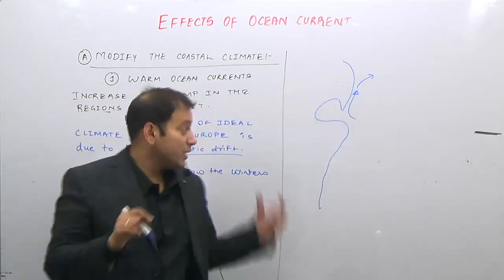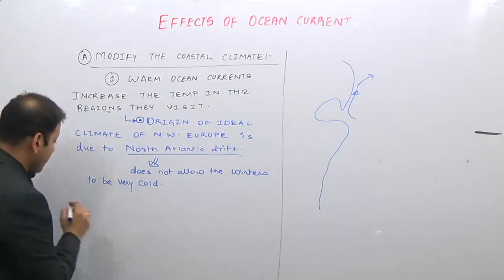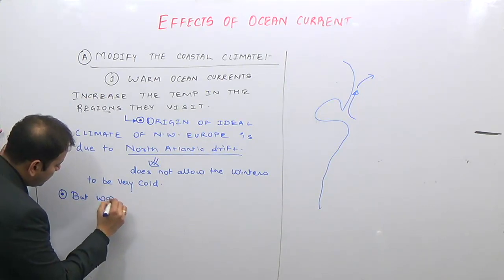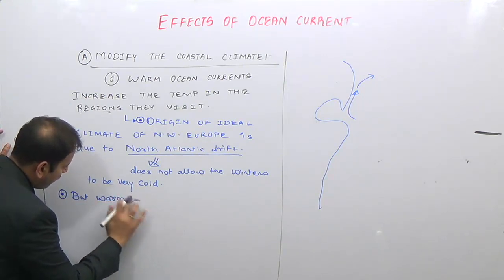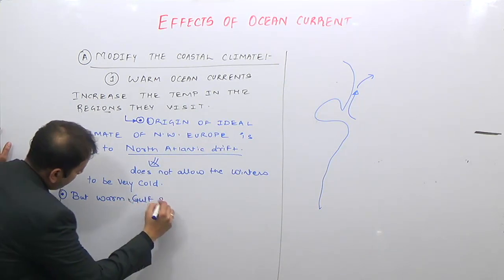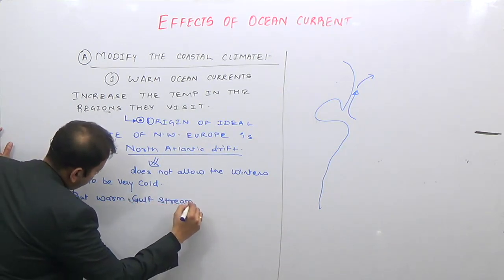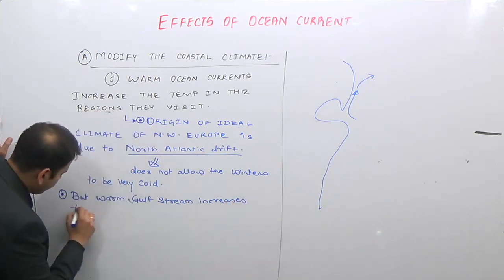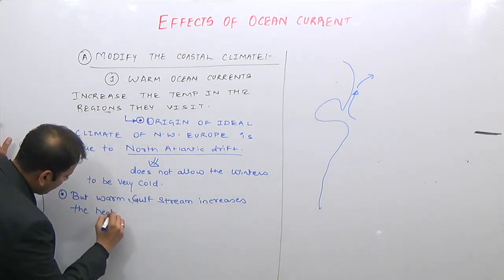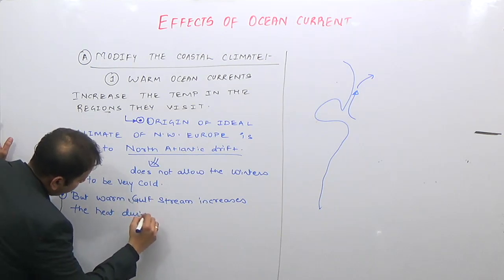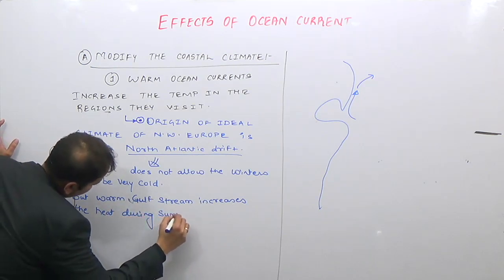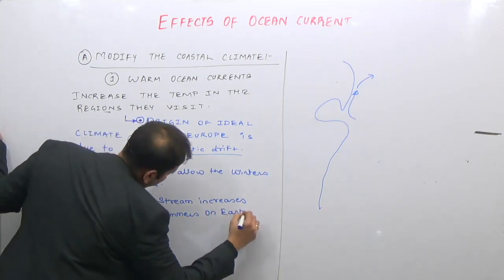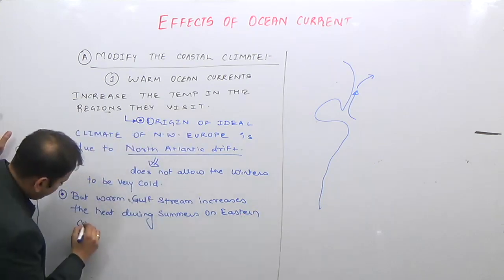So what is the one positive impact and the other negative impact? The warm Gulf Stream increases the heat wave conditions, the heat during summers on the eastern coast of North America.